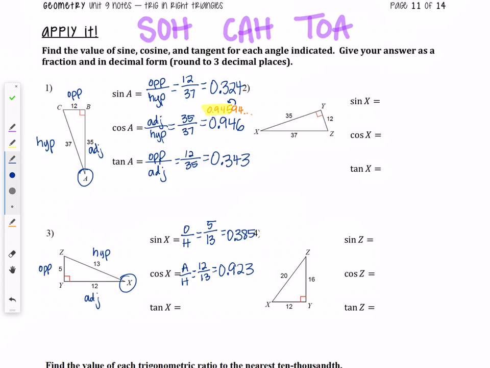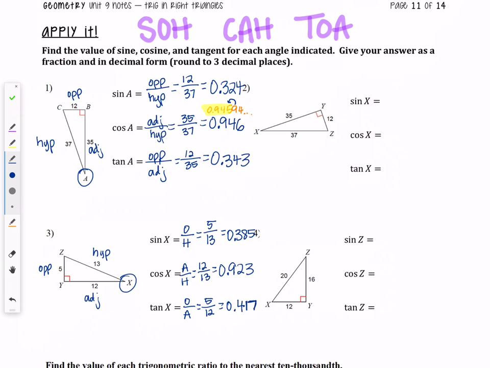And then tangent is opposite over adjacent, or O over A. That would be 5 over 12. 5 divided by 12 gives me 0.417, okay? And that was 0.41666666, and so on. But the 6 causes the other 6 to round up to a 7. Okay, so there's number 3.